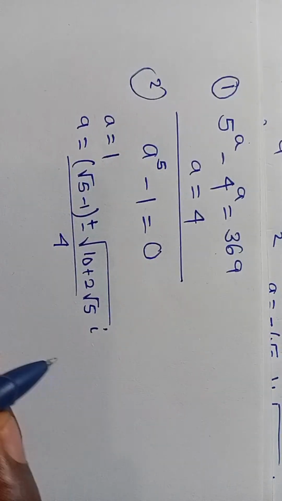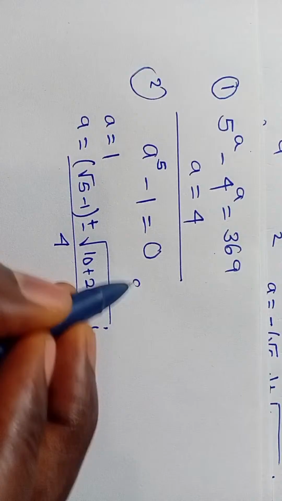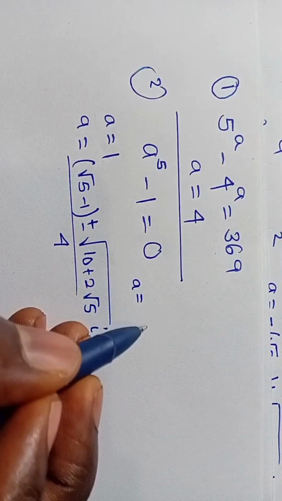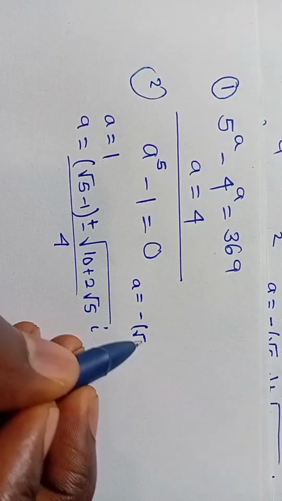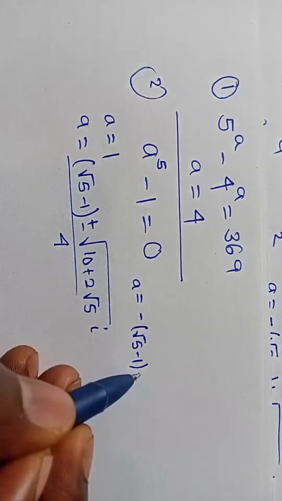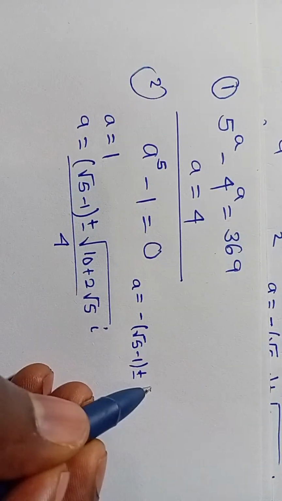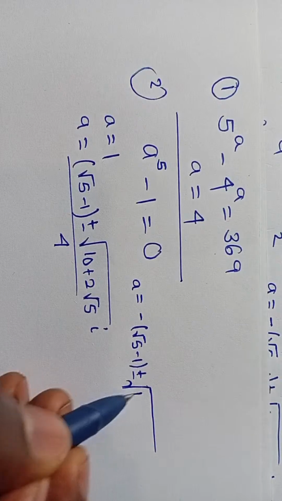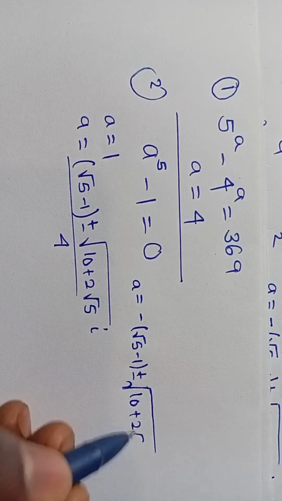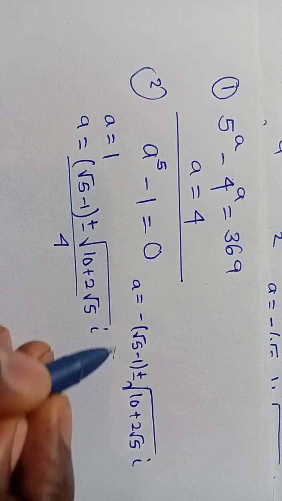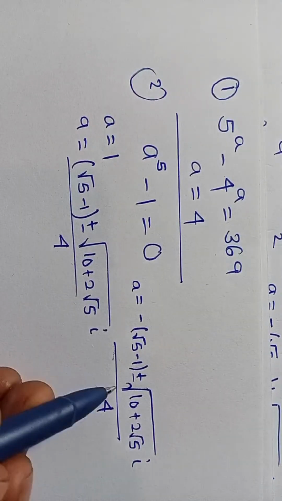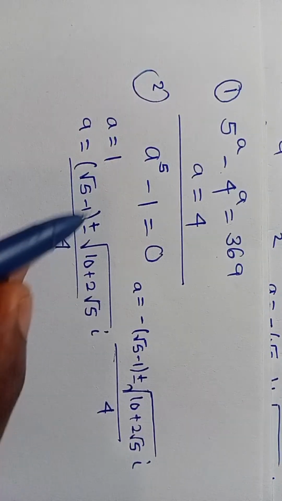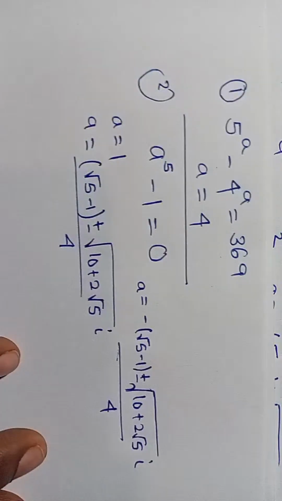Then we also have another a to be minus root 5 minus 1, positive or negative, root of 10 plus 2 multiplied by root 5 i over 4. These two, two, make it to be 5 with this one.